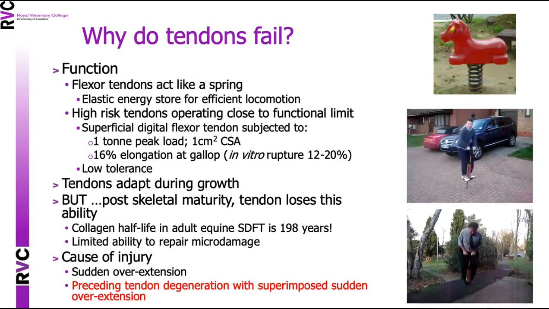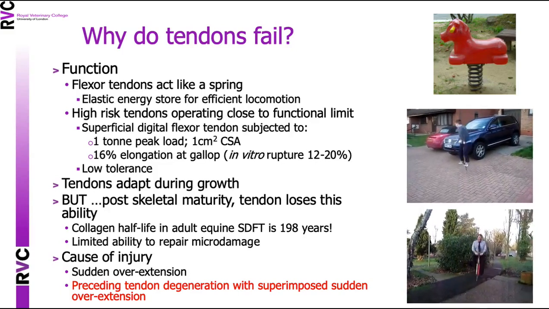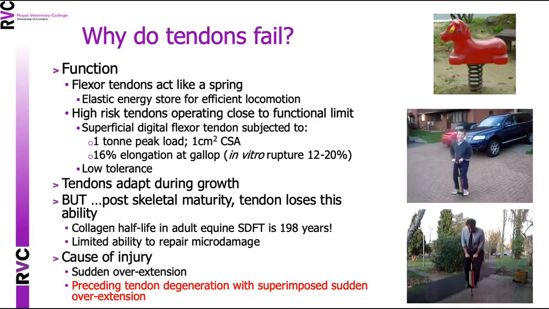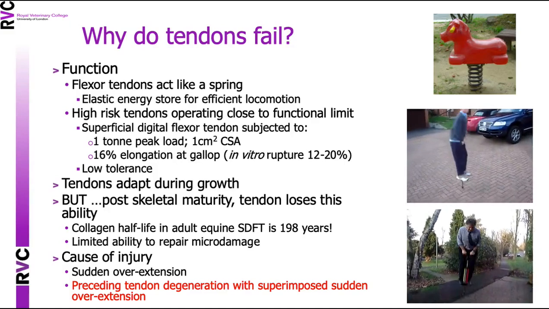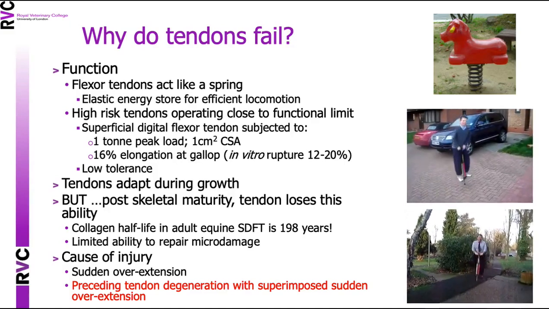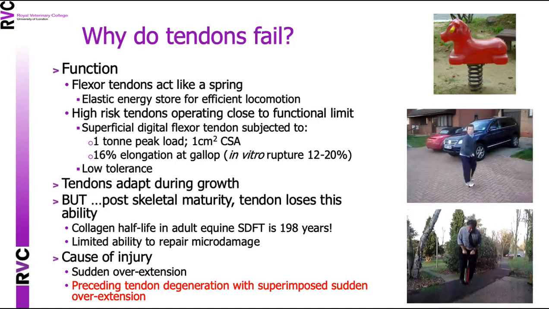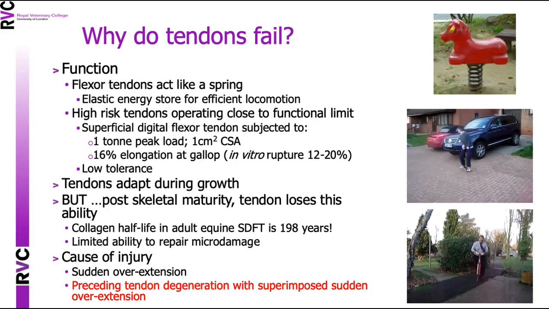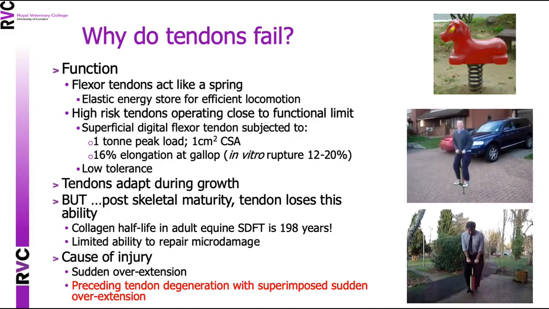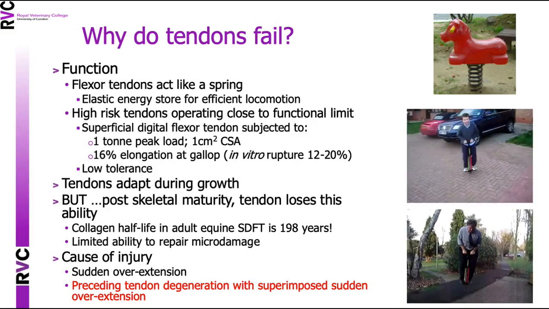And so we think that the majority of these injuries, which appear very much as spontaneous events during exercise, are not only a consequence of overload, but also because the tendon has been weakened through preceding tendon degeneration, which makes the tendon more prone to this injury.